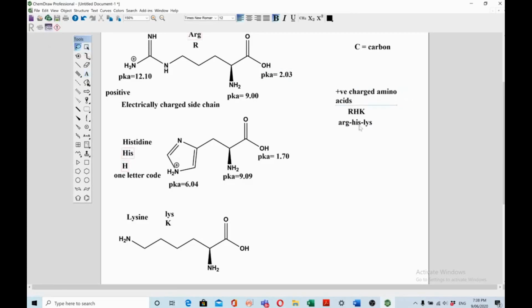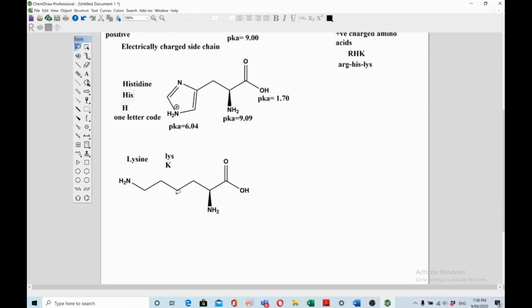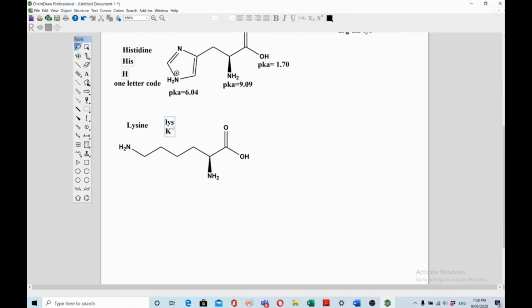They are not neutral, they are not negative, they are not hydrophilic. And all these amino acids are chiral. Here is the chiral center. Lysine: 3-letter code is LYS, 1-letter code is K.